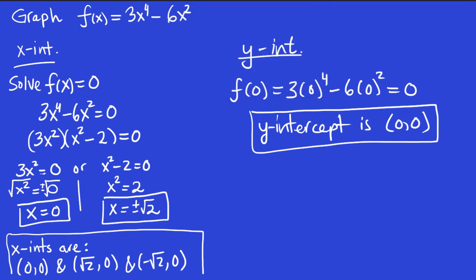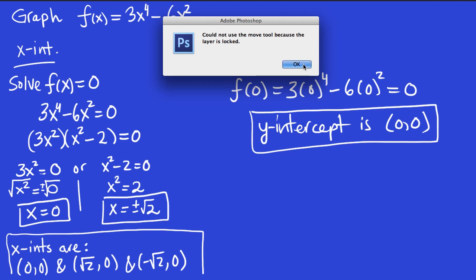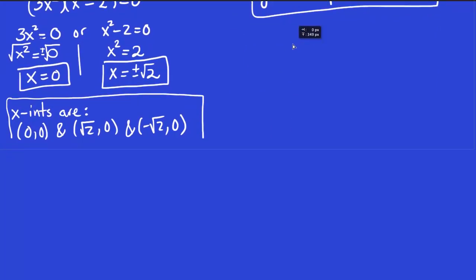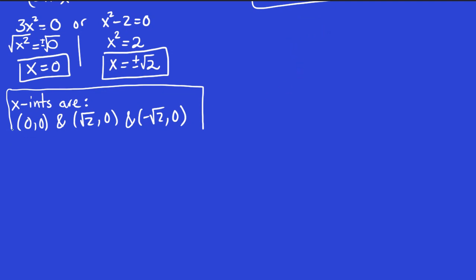So let's recall that our function is 3x to the 4 minus 6x squared.